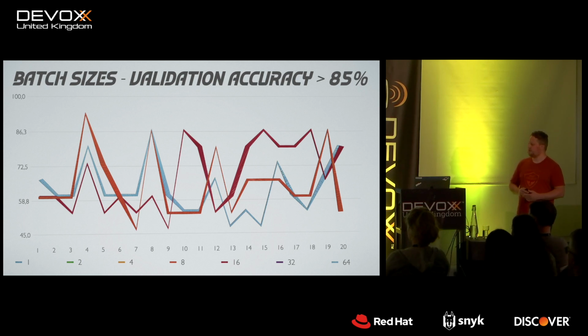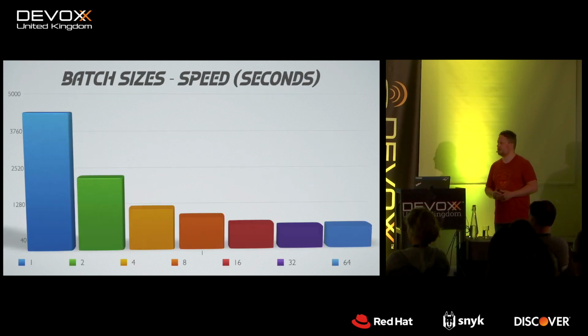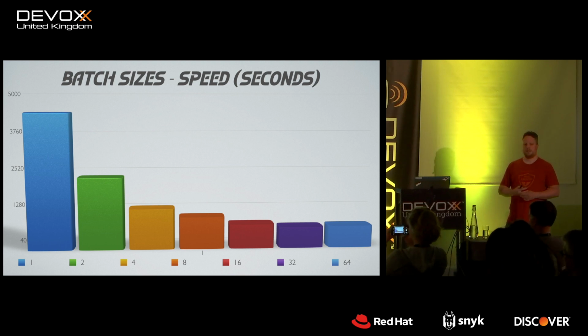So actually, I took a batch size of 8 because, well, it gave me the best results in this benchmark, and it sounds reasonable. And if you look at the actual speed, there is also a drop-off around 8. If you have a batch size of 8 to 16, it's not that much faster. And from 32 to 64, it's even, well, less performance gain.